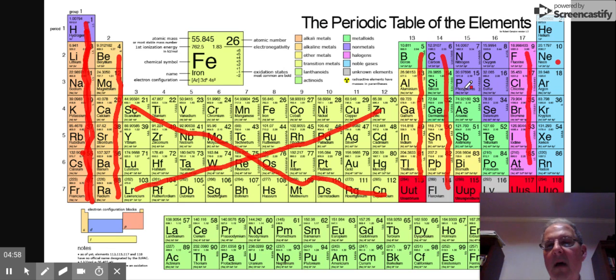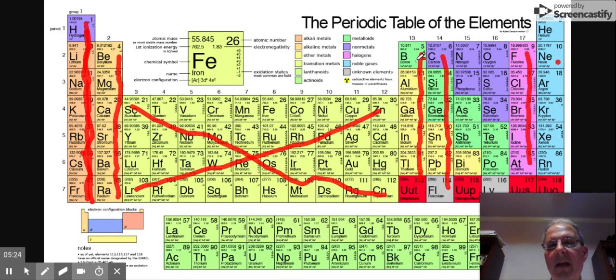And nitrogen, phosphorus, arsenic, antimony all have 5, oxygen, sulfur, selenium have 6, and fluorine, chlorine, bromine all have 7. And finally, we get to this column here, and they all have full shells.